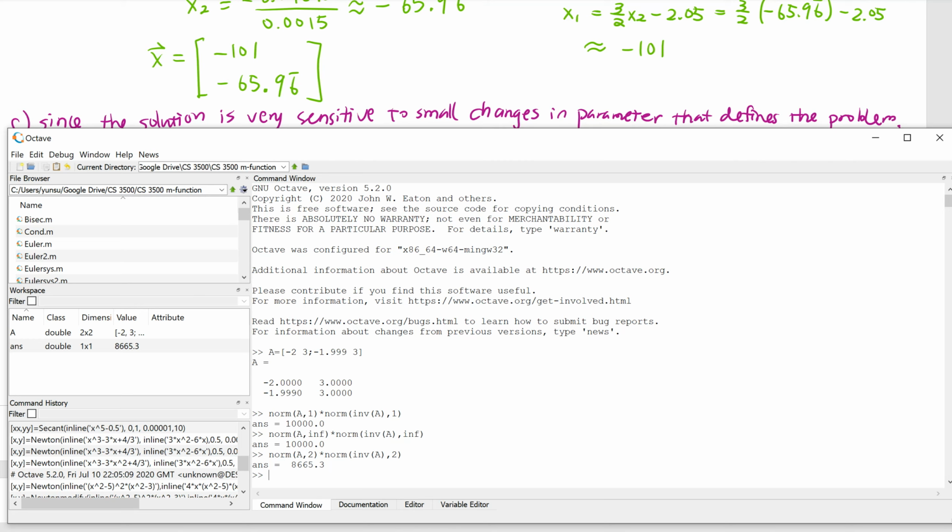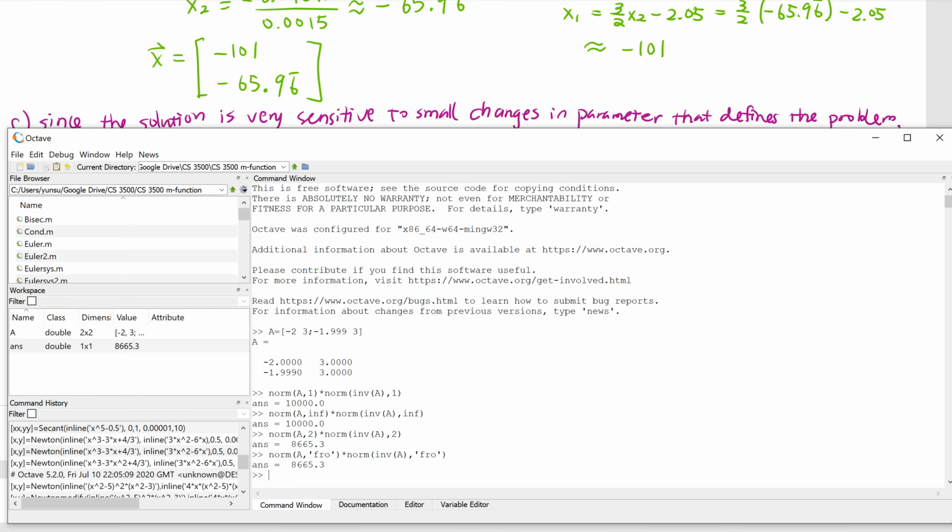If we use the Euclidean norm to compute, let's see what happened. In this case, L1 norm and infinity norm give us the same number, and the L2 norm and the Euclidean norm give us the same number. But we can see they are very large, because our A is ill conditioned.